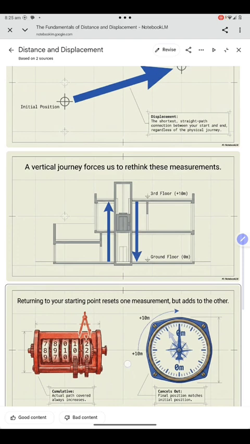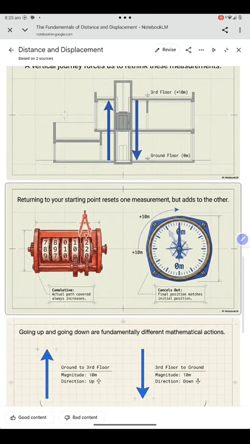What about displacement? So this next slide is just presenting you that actual path covered always increases, whereas displacement may decrease. And what would be the displacement in case of elevator?